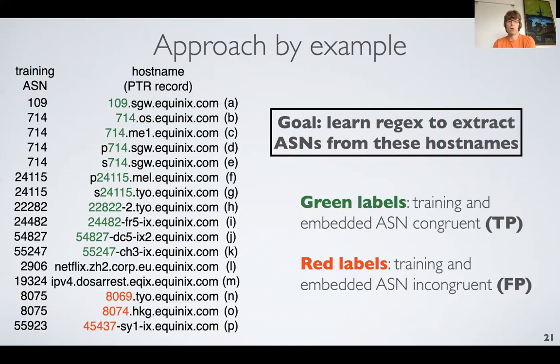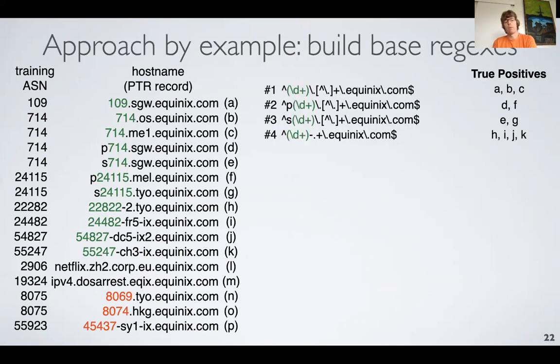So broadly, the approach by example is to generate regular expressions that learn to extract the ASNs. We have green labels where the ASN in the training set and the embedded ASN are congruent, and red labels where the training and embedded ASNs are incongruent. The approach is generally to build regular expressions that increase in specificity and accuracy over the course of a few stages.